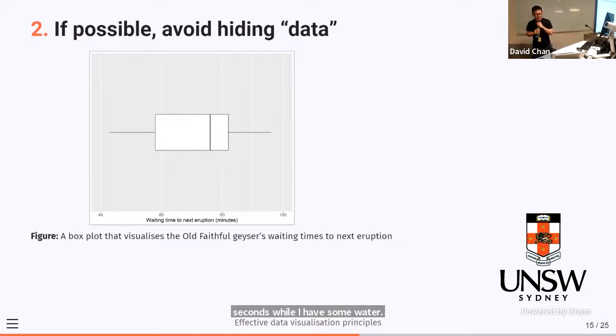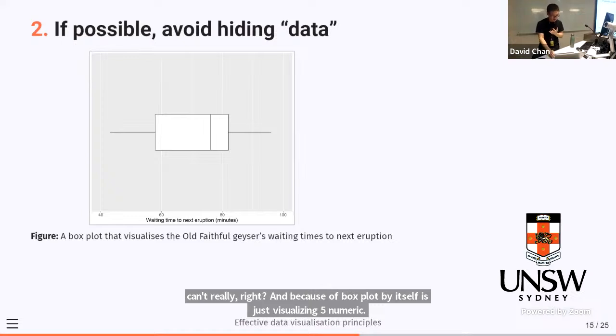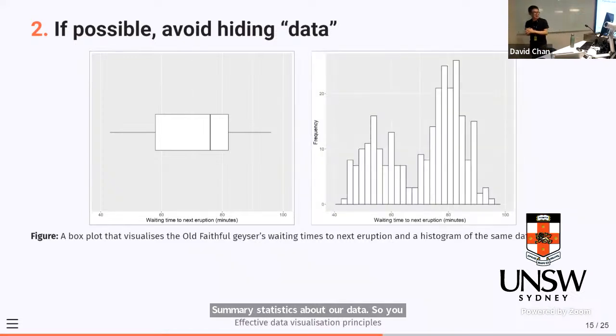Would we say that there might be one peak in the data? So talking a bit more about the shape, can we infer that from a box plot? You can't really, right? Because a box plot by itself is just visualizing 5 numeric summary statistics about our data. So here, I've got a histogram of the same data.